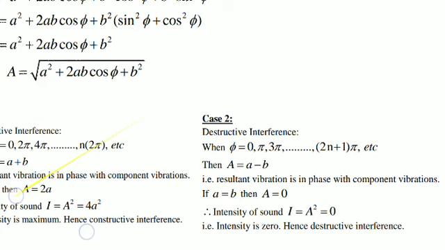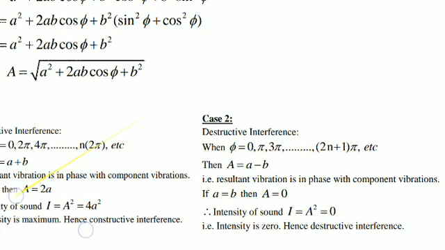So when phi is equal to pi, 3 pi, 5 pi, 7 pi, etc., what we can write is twice n plus 1 times pi, where n is an integer again. It may be equal to 0, 1, 2, 3, 4, etc. So if n is equal to 0, we will get pi. When n is equal to 1, we will get 3 pi. N equal to 2, we will get 5 pi, and so on.